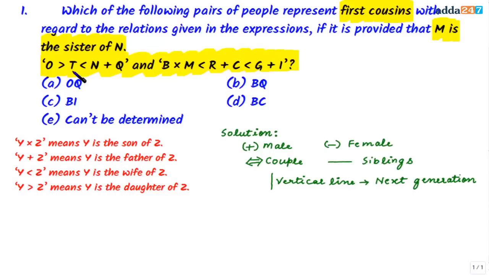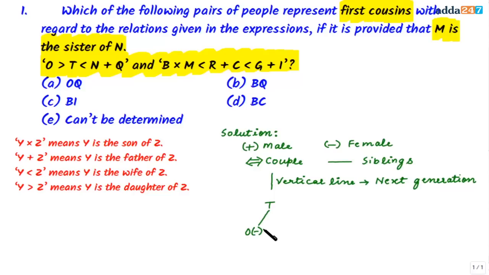First we have O is greater than T, so that would mean from this information that O is the daughter of T. So here we will have T and O is the daughter. This line indicates next generation. And since O is the daughter, we'll have a minus here.